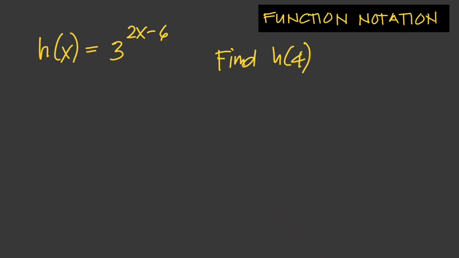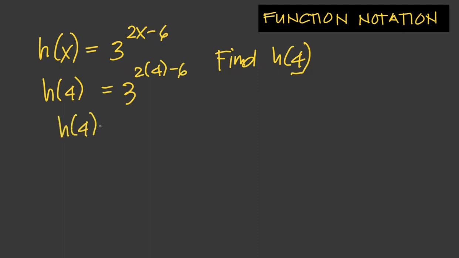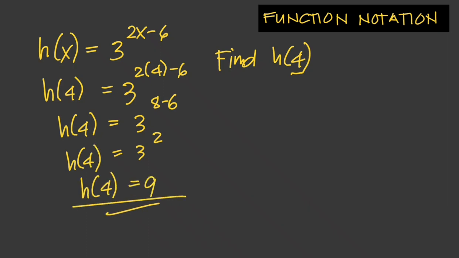Again, we substitute the value of x here, which is 4, for x in the function. So h of 4 is just equal to 3 to the power of 2 times 4 minus 6. So this would be 3 to the power of 8 minus 6, then 3 squared. Therefore, our h of 4 is just equal to 9.